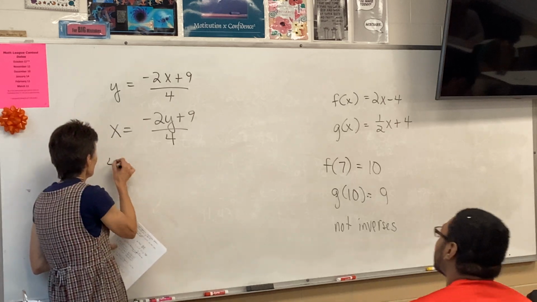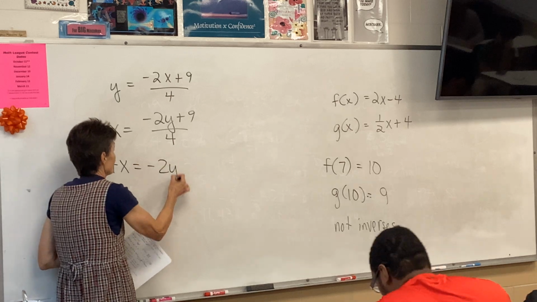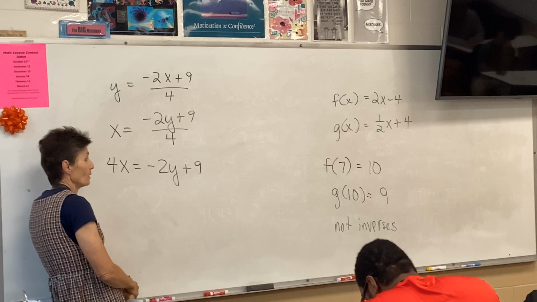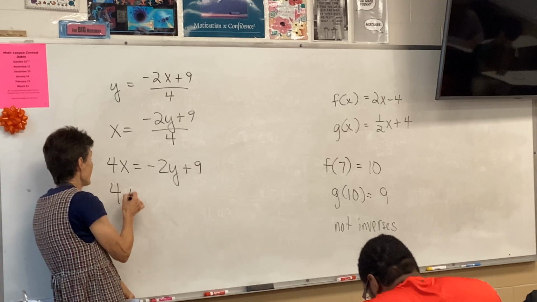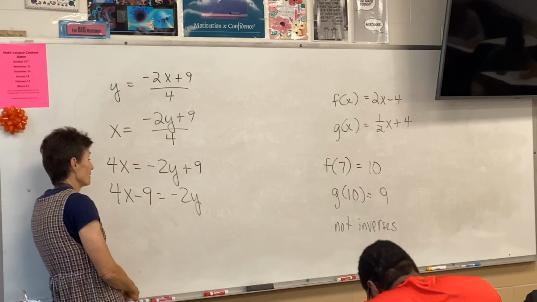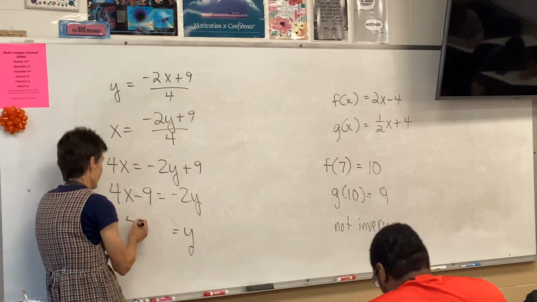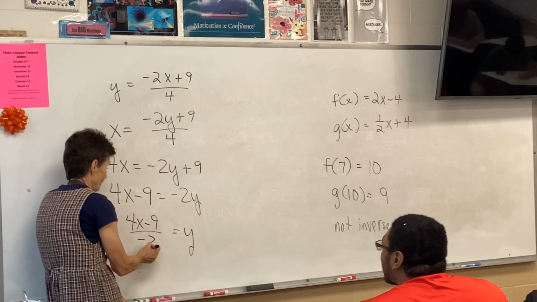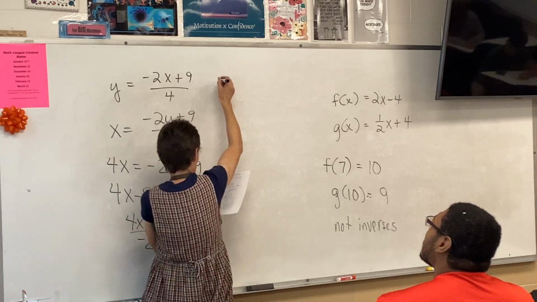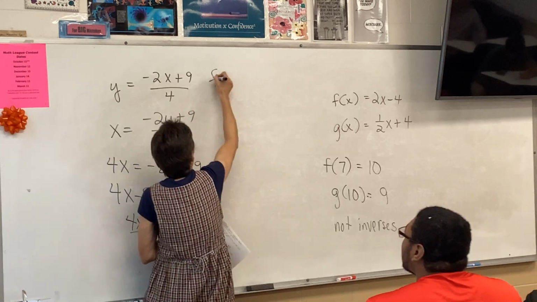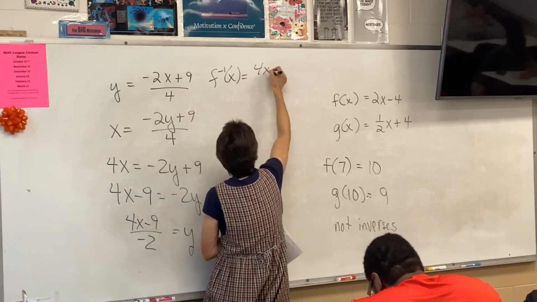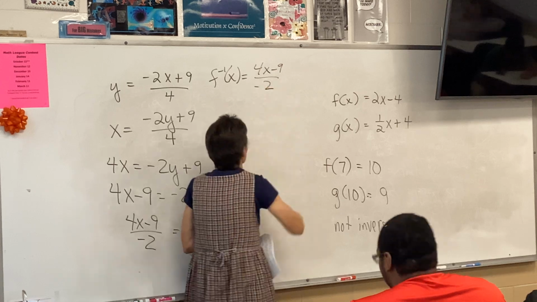So we'll multiply by 4. And then what? I'm trying to get y by itself. So then I will subtract 9 and divide by -2. And then if I want to look really sharp, this was f. So f inverse will equal (4x minus 9) over -2.